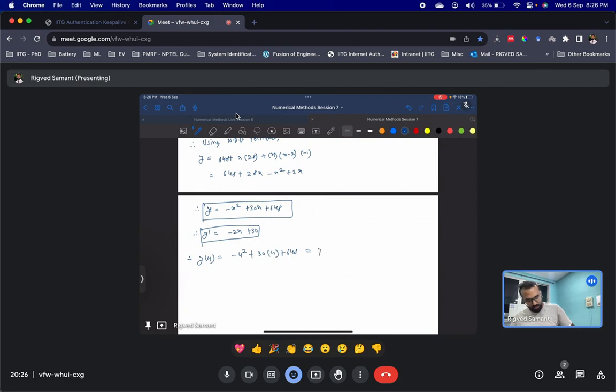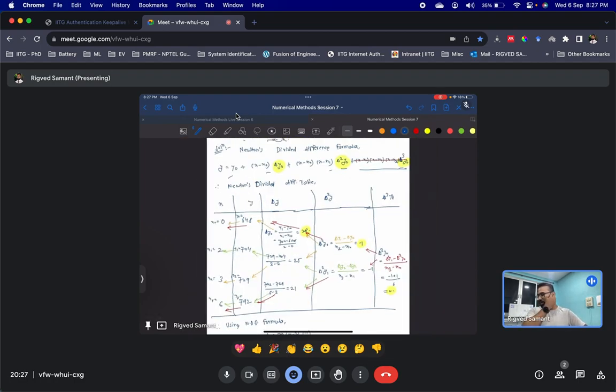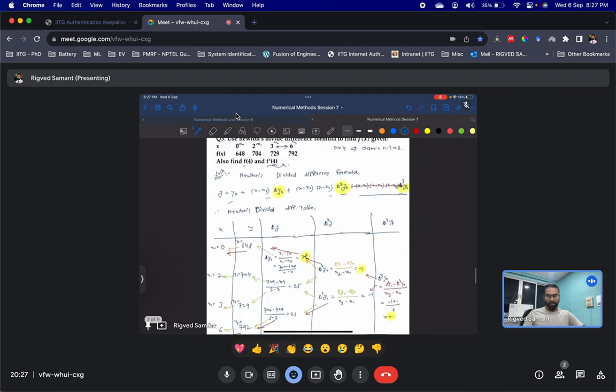This is 752, and y dash of 4 is equal to minus 2 into 4 plus 30. 30 minus 8 is 22. So this is how you find this interpolating function value using divided difference.